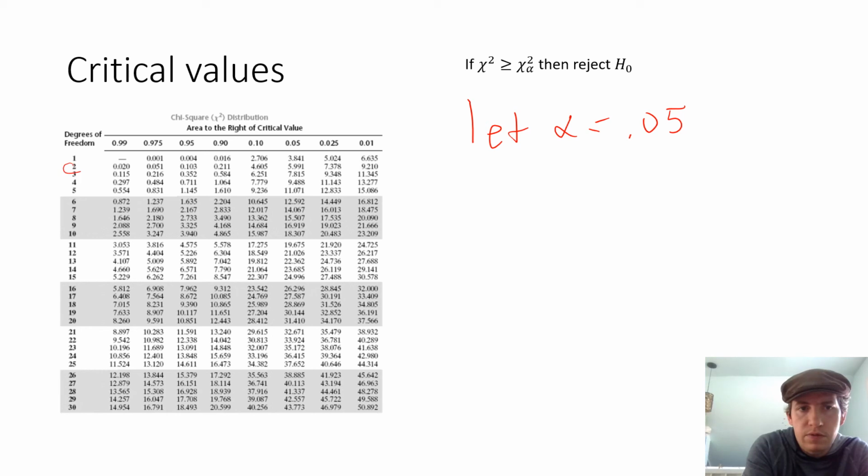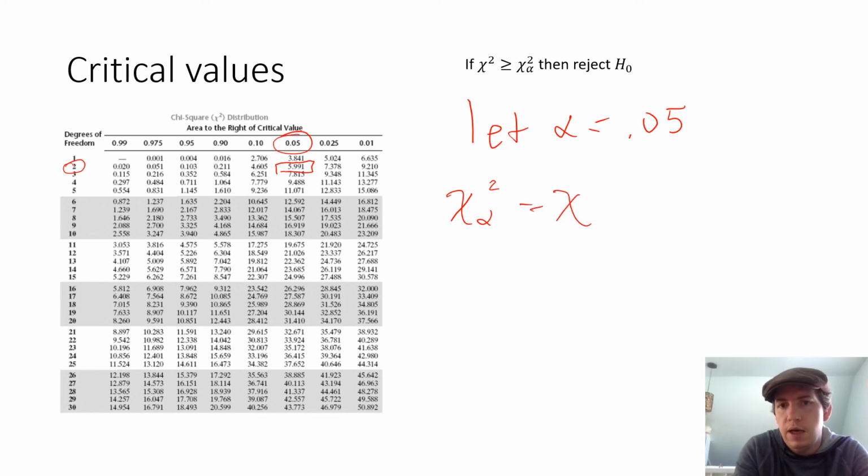So we're looking at degrees of freedom 2, level of significance 0.05. Now we go down and we find that the critical value, chi-squared alpha, which you can write as chi-squared 0.05, is equal to 5.991.